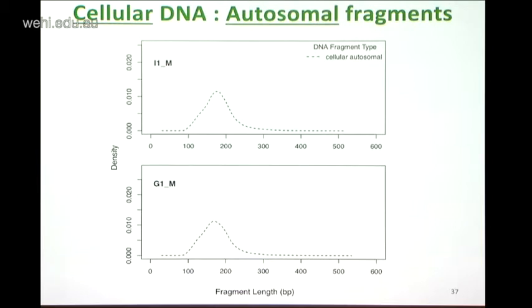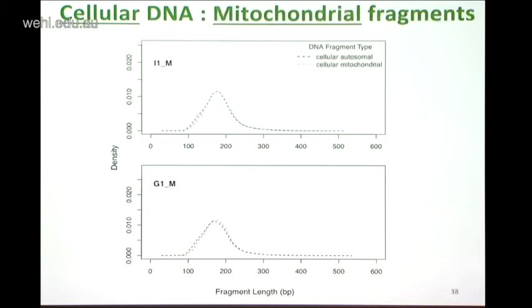The thing is, cellular DNA, like I told you before, has been size-selected. If the original investigators wished, they could have slid this distribution along this scale, but they chose this size range. When you plot the cellular mitochondrial fragment length, it follows the same profile as the autosomal length, which means they are not subject to two different processes to get to this point.